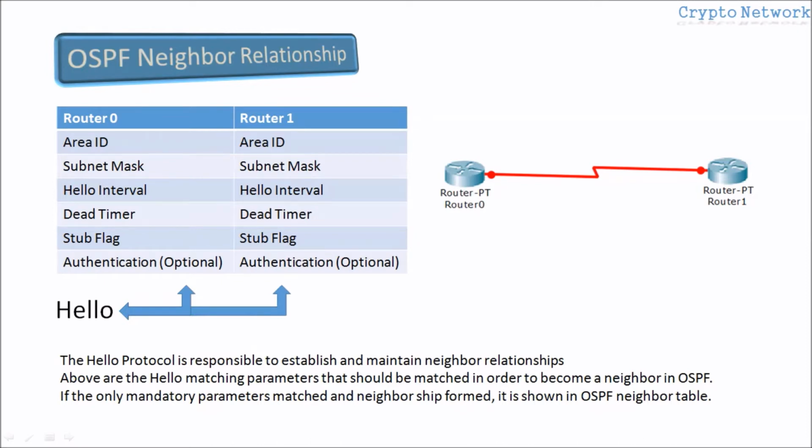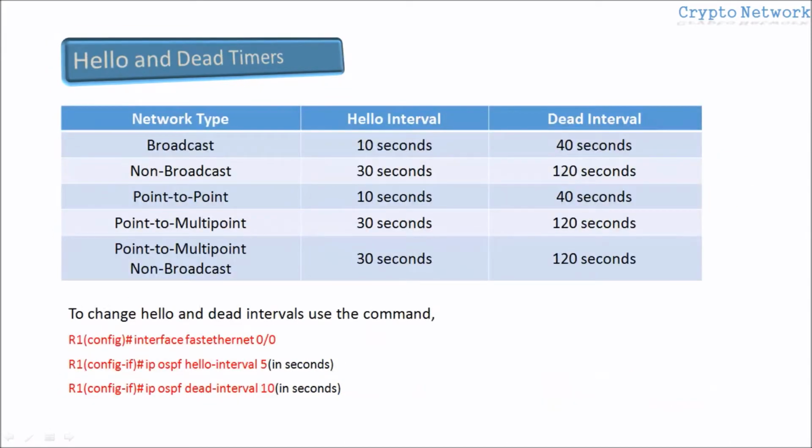So next is hello and dead timers. As with many network protocols, hello acts as a form of keepalive or heartbeat. With OSPF, if 4 consecutive hellos are not received, the router is considered down.